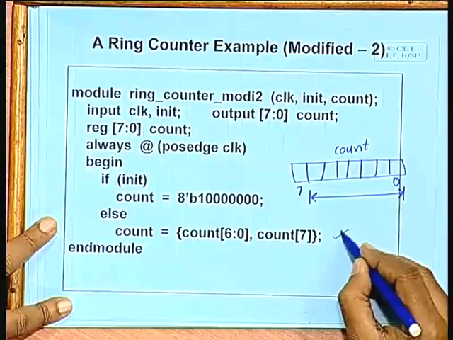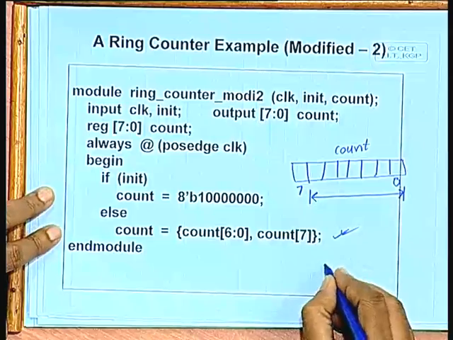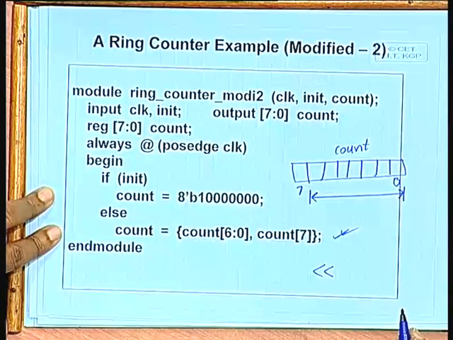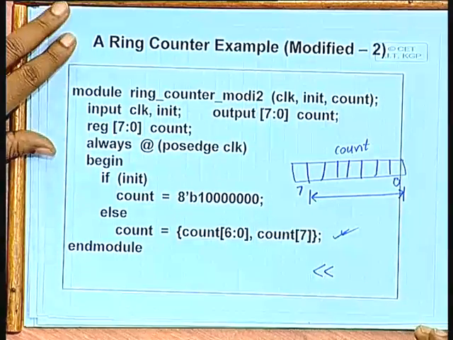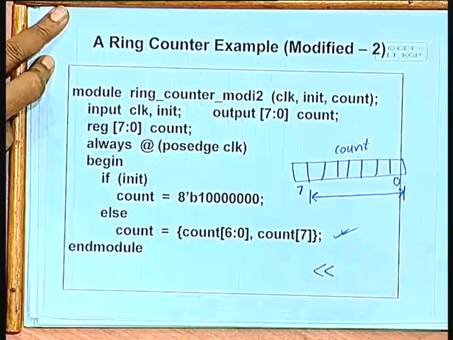This is a correct description, but it does not contain the shift operator. So, your synthesizer must be intelligent enough to analyze this statement and find out this is actually nothing but a shift register. Sir, even if it doesn't find out, anyway we are giving the right result. But in terms of hardware, a shift register has a known structure, it is already there in the library perhaps.